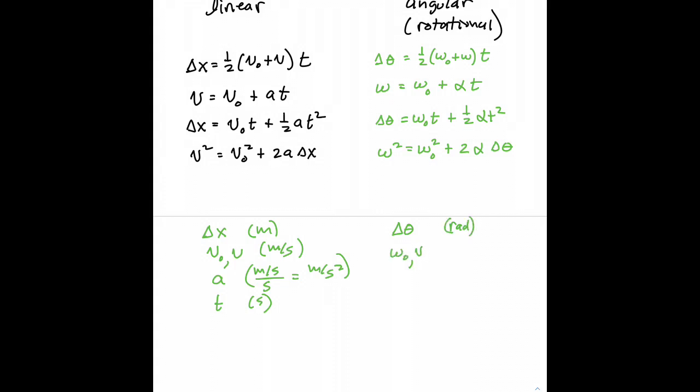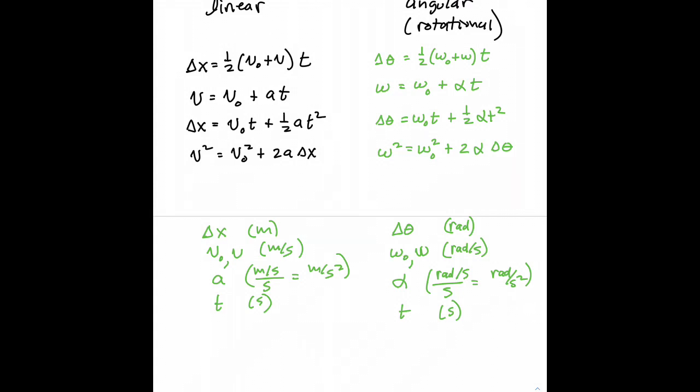Initial velocity or final velocity are both measured in radians per second. Angular acceleration is radians per second per second, which is equivalent to a radian per second squared. And time, of course, is measured, as always, in seconds.